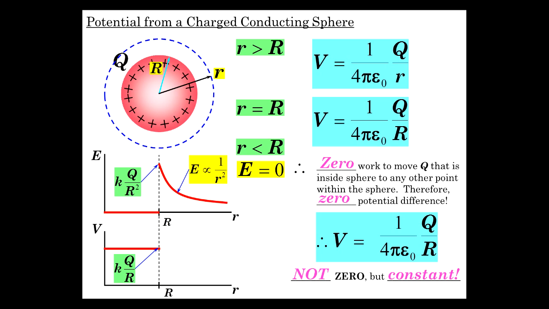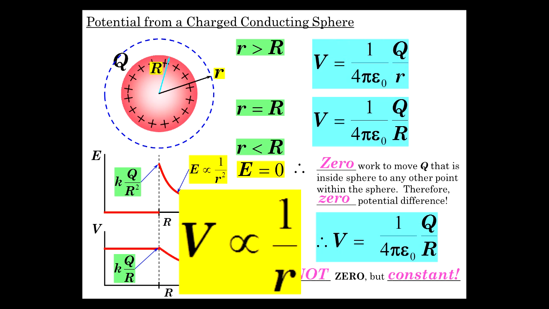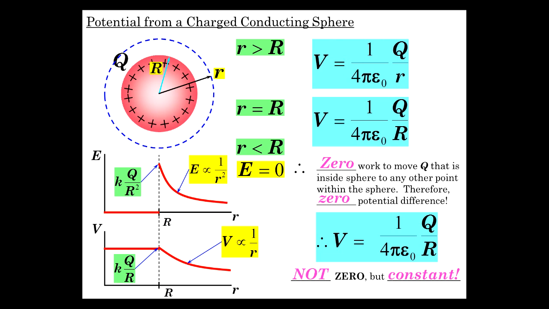It's what it was or is at the surface, which is kQ over R, not R squared. And then after that, how does it trail off? Well, here's the potential, and it's inverse r, not inverse r squared. So inverse function, that's just less curvy. And there's our first example of plotting the electric field and potential in all of space from this charge distribution.